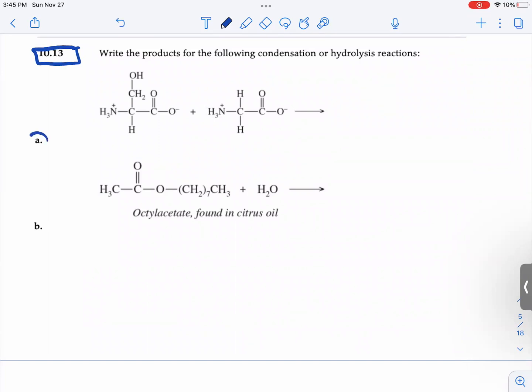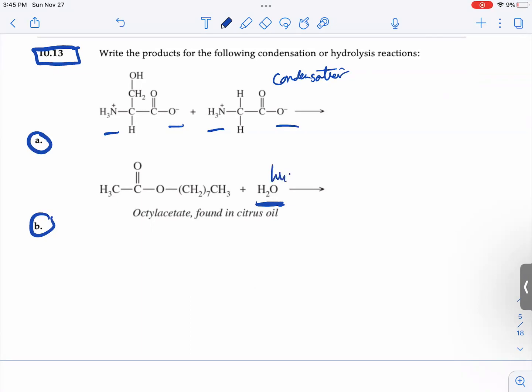Well, for A, we know that we have the addition of 2 amino acids, right? So this is going to be condensation. If we look at B, all right, here we have water. So are we going to have condensation or hydrolysis, right? So you tell me that. So here we're having a condensation reaction, right? Here we're having a condensation.